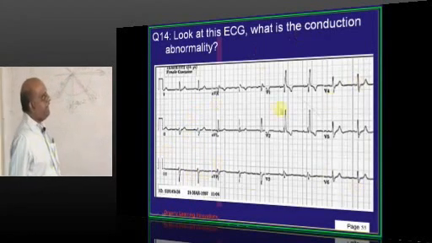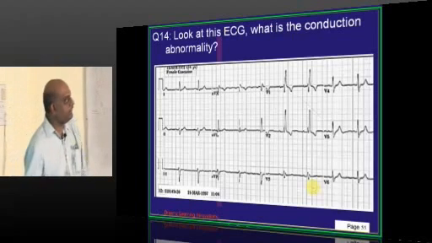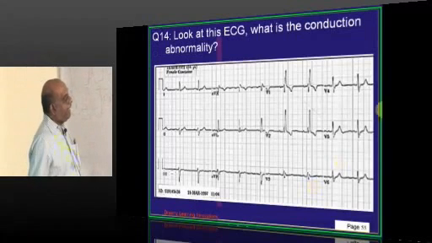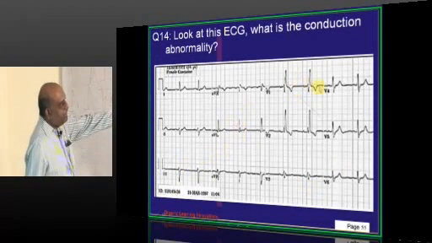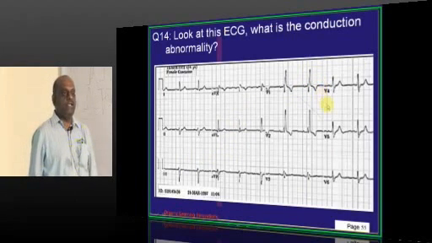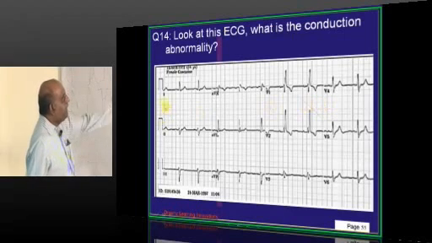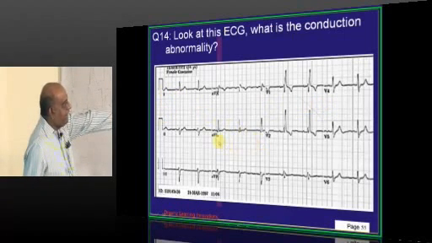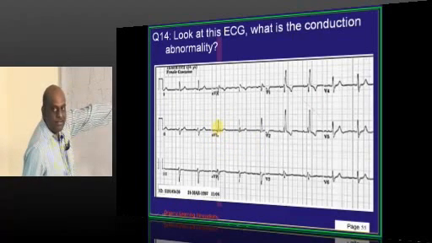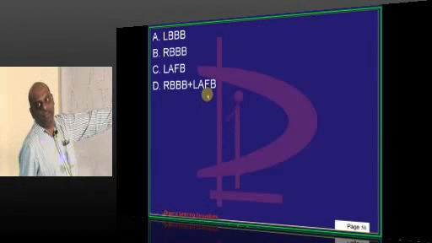Then what is the conduction abnormality that you see in this ECG? There is an RSR pattern in lead V1, which suggests it is a right bundle branch block. In addition to that, in lead 1 and aVL, there is a small negative wave, the Q wave before R. There is a reason: there is also a left anterior fascicular block together.